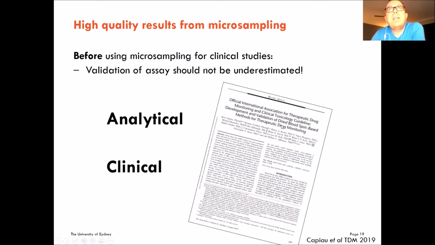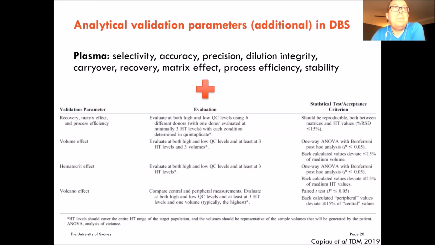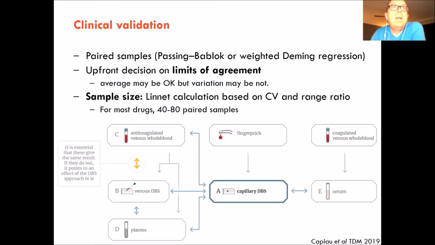This paper was specifically focused on dry blood spot, but most of these items also apply for other dried sampling strategies. So it's important to realize that besides the standard procedures for validation, you also require additional aspects like volume, hematocrit, volcano effect, and all are nicely described how to assess them.